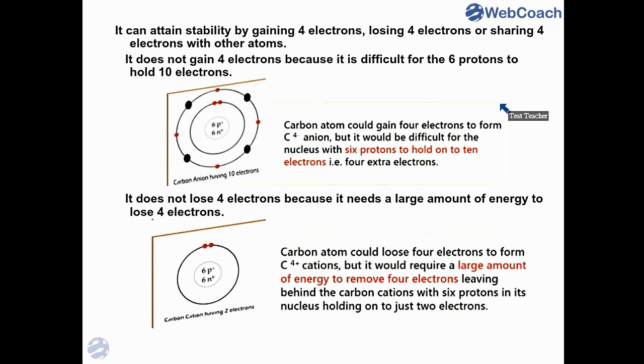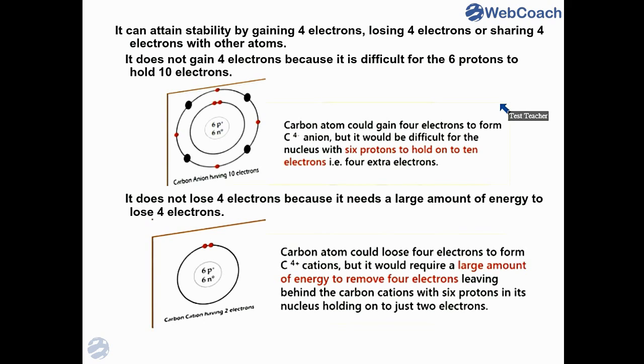It's just like that. You need enormous amounts of energy to remove something. So even here, the problem is there is no balance in charge, right? So carbon does not do either of the situations. It neither gives away the 4 electrons, nor does it gain 4 electrons.